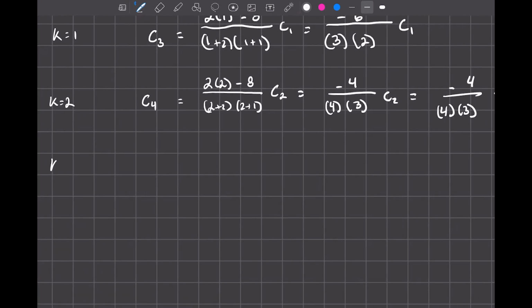Okay, so let's go to K equals 3. That'd be C5. And then we plug in all the numbers again.